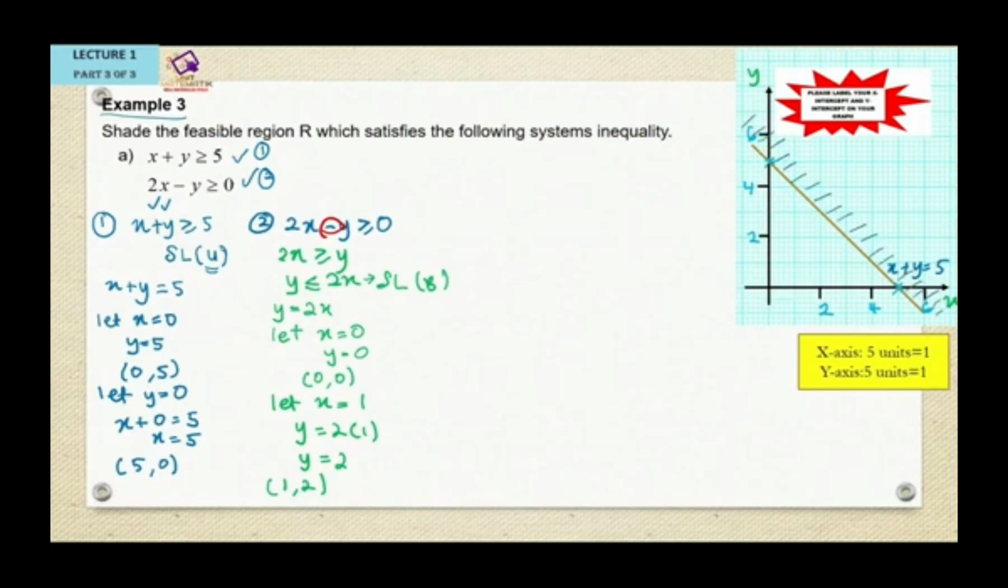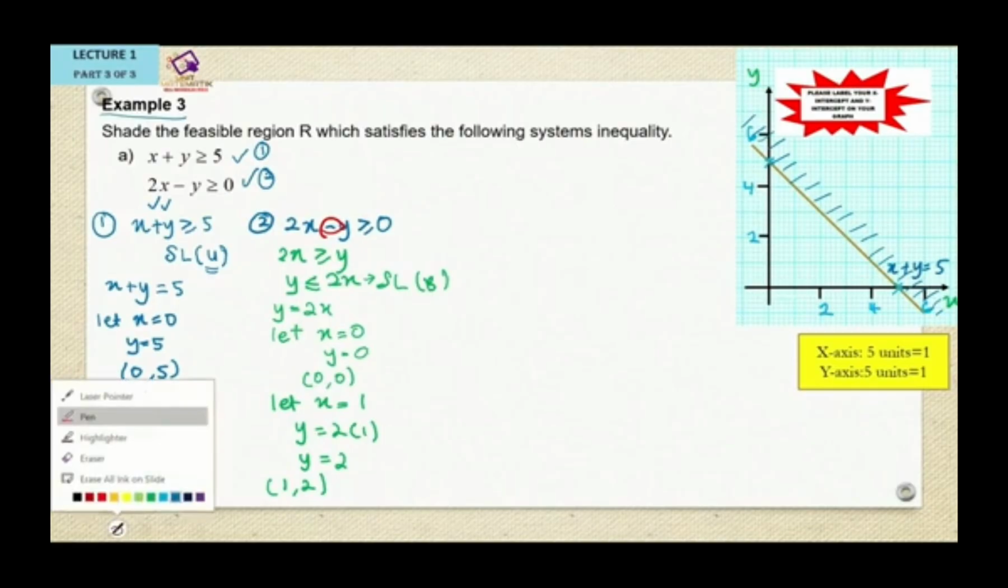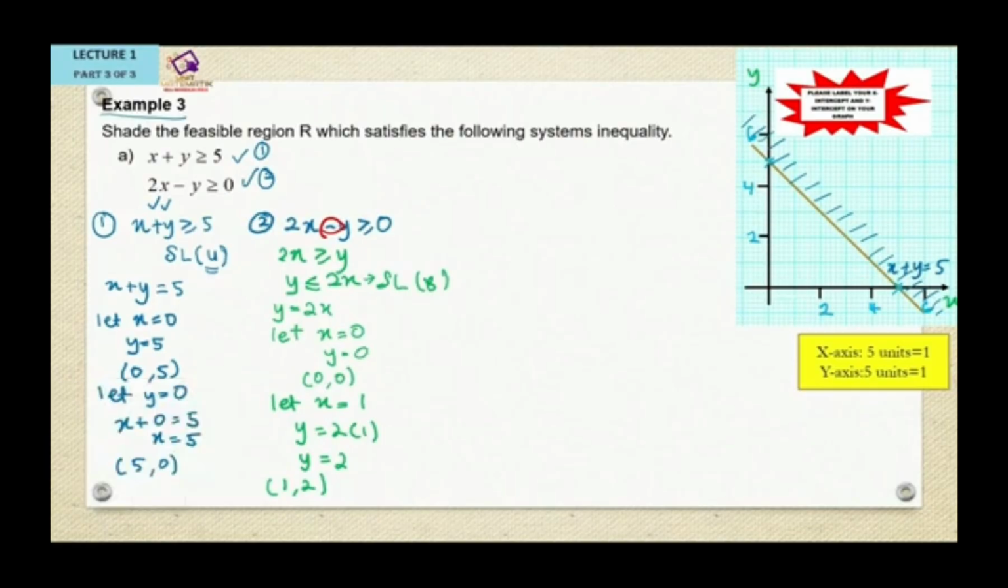Please remember, student, we haven't finished yet because we have the second graph here. So let's draw the second graph. For the second graph, the points are (0, 0) here and (1, 2). It is here. So the line is a solid line.